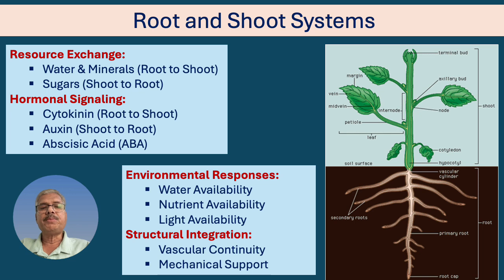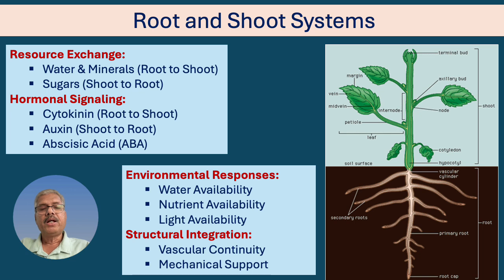The shoot system adjusts its growth based on the availability of the nutrients delivered by the roots. The shoot system grows towards the light and the root grows away from the light. The availability of light affects the rate of photosynthesis, which affects the amount of sugar that is available for the roots.